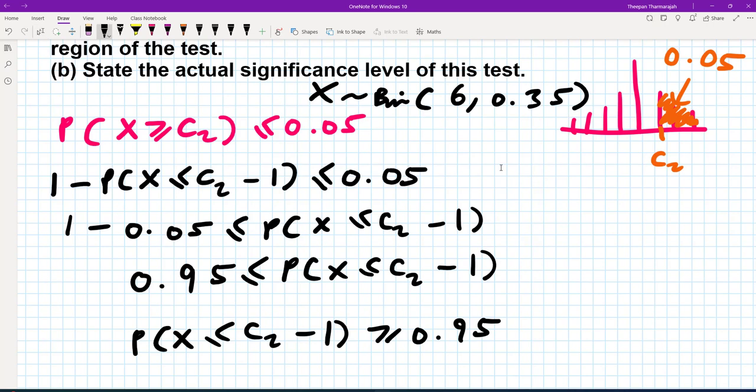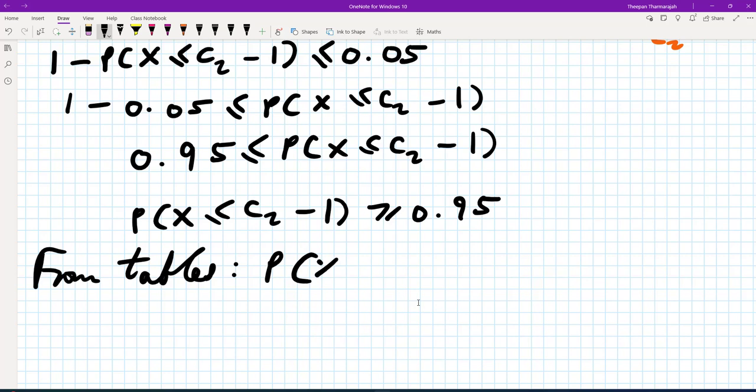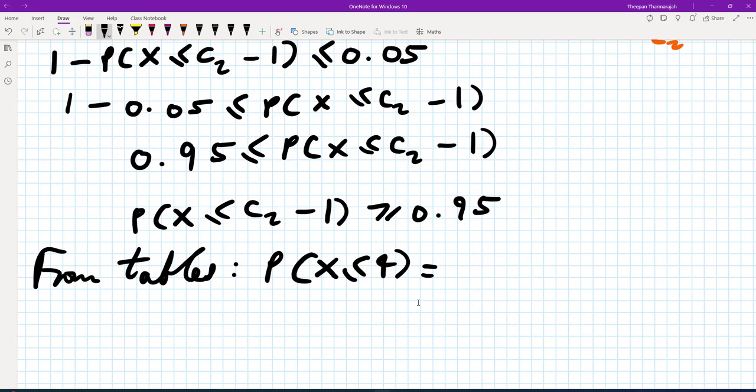So I'm going to write that down. From the tables, we can deduce that the probability that x is less than or equal to 4 is 0.9777.